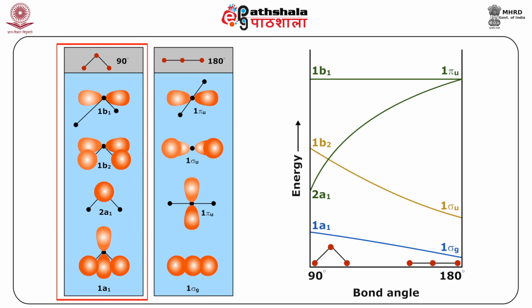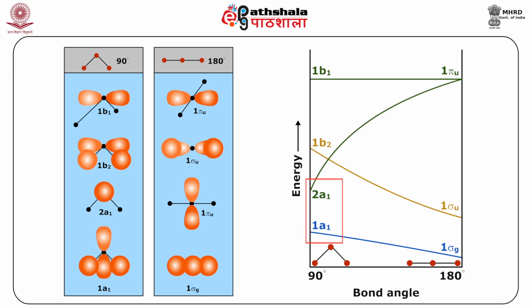Now, the combination chi 1s HA plus chi 1s HB, which is of A1 symmetry, combines with the two mixed 2s-pz orbitals of A, also of A1 symmetry, to give three molecular orbitals 1a1, 2a1 and 3a1.